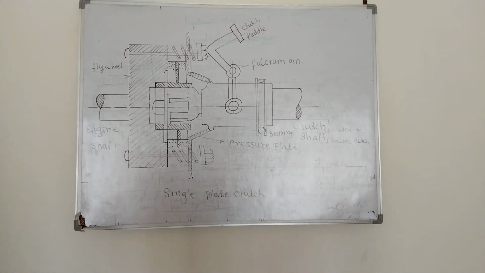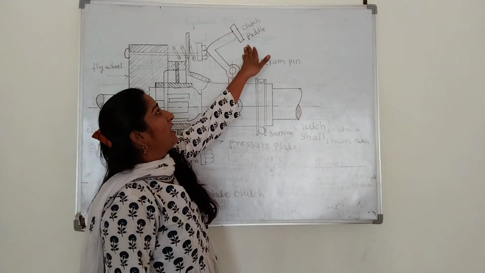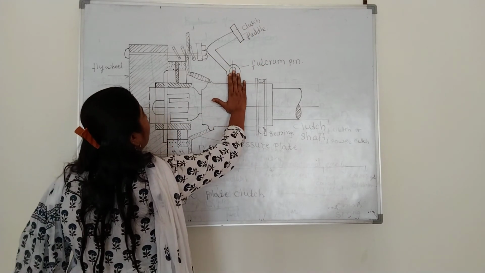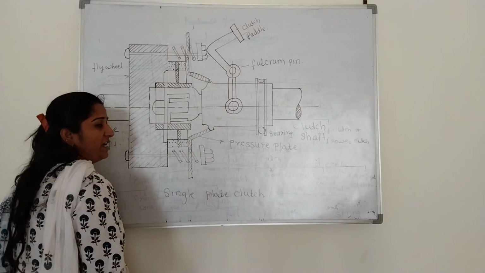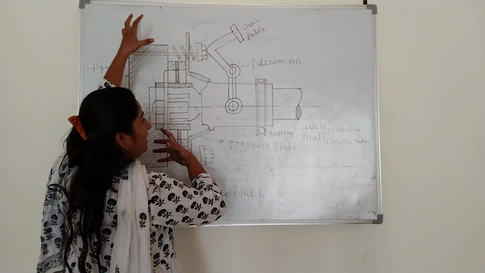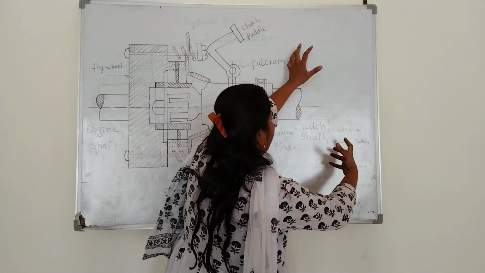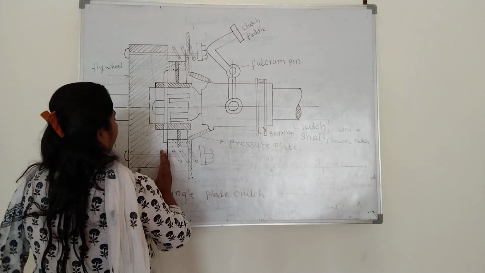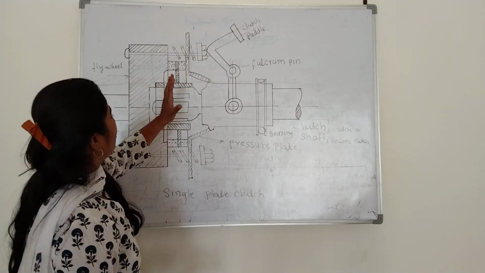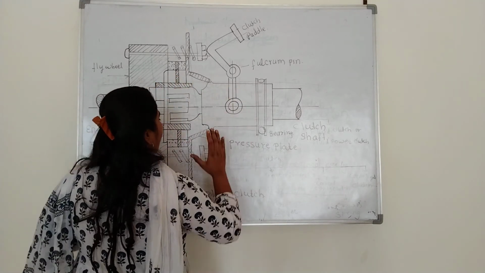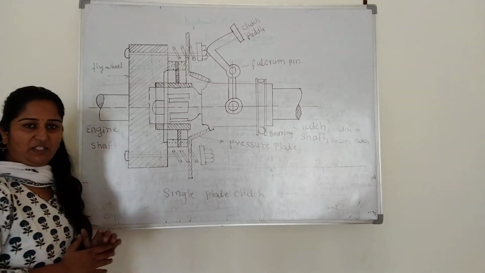Now see how it works. In the vehicle, we push the clutch pedal with our foot, and due to this the fulcrum pin moves towards the right, and the pressure plate is pulled away from the flywheel, due to which the clutch is disengaged and power is not transmitted.